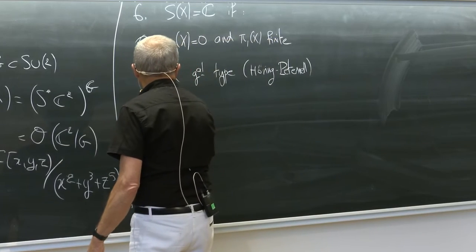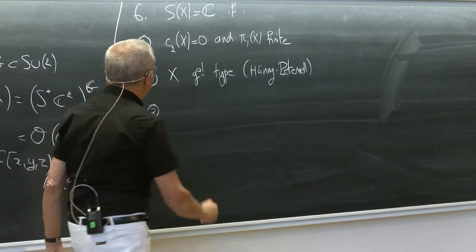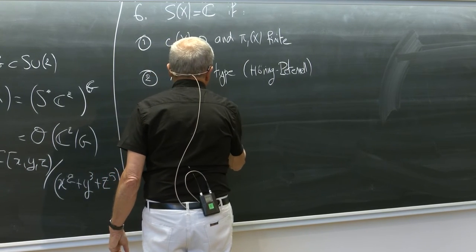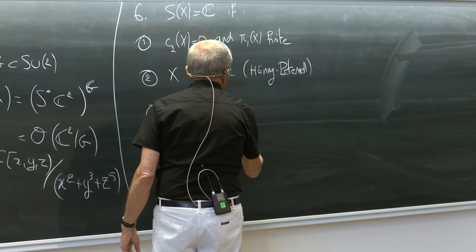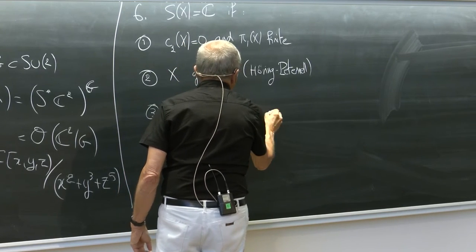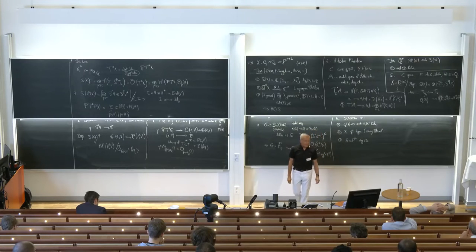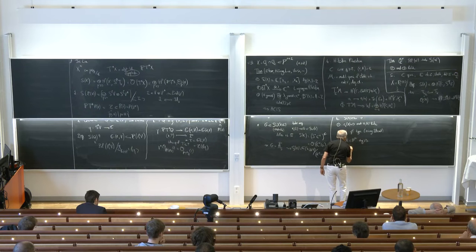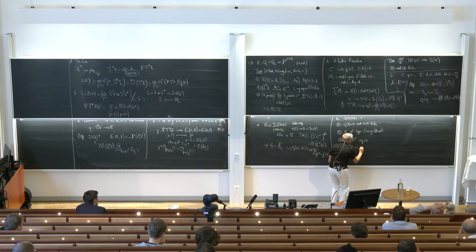And the third case, which was a little surprising for me, is that if you take a hypersurface X in P^{n+1}, let's say of degree at least 3, then again S(X) is trivial. I should avoid the stupid case of the plane cubic, so let's say n at least 2, except n equal 1, degree 3.